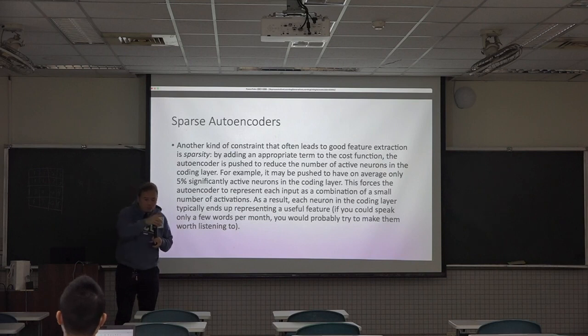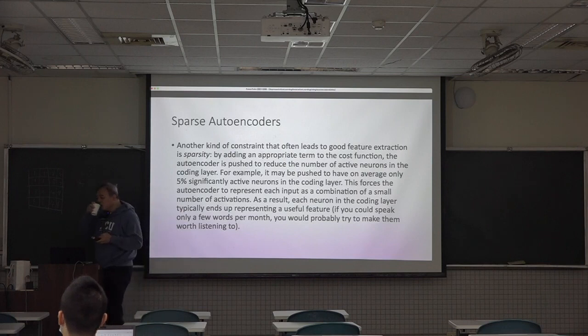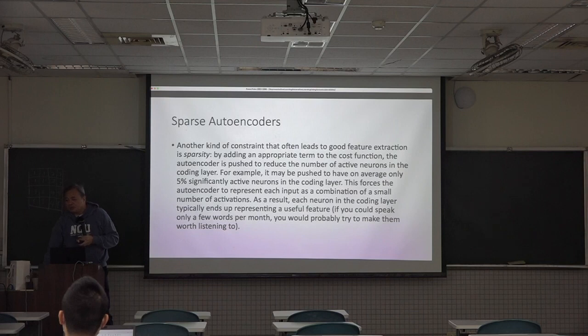Each dimension is going to represent one important feature. Yes, so in the coding layer, not every neuron is active. That's normal, of course. But now we want it to react even lower than that.